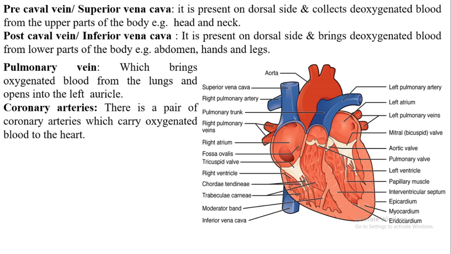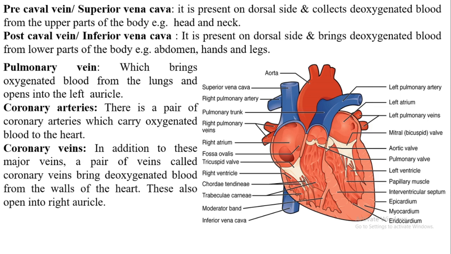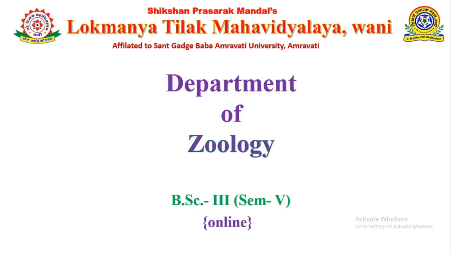So the coronary arteries are a pair which carry oxygenated blood to the heart muscles. Likewise, in addition to the major veins, a pair of coronary veins bring deoxygenated blood from the wall of the heart. These also open into the right auricle. So this is all about the structure of the heart.